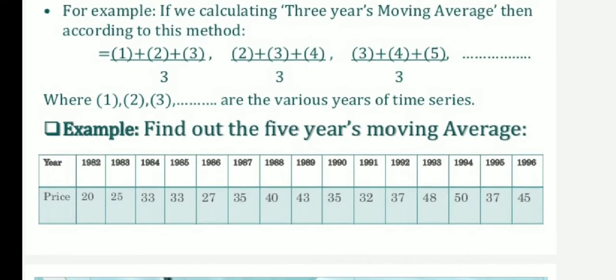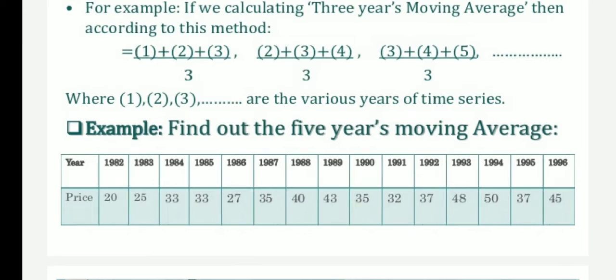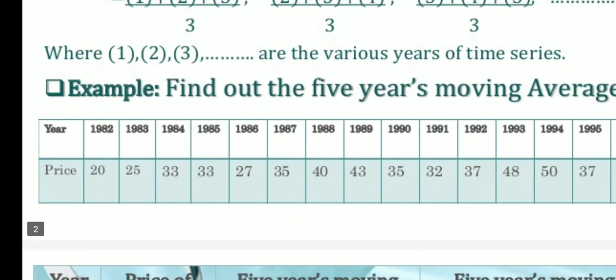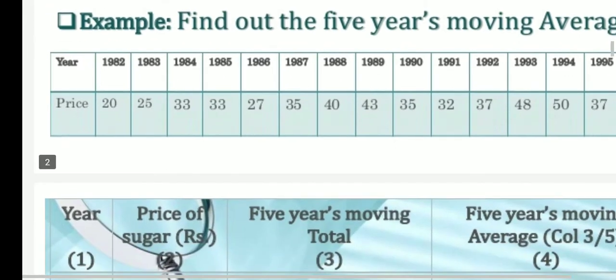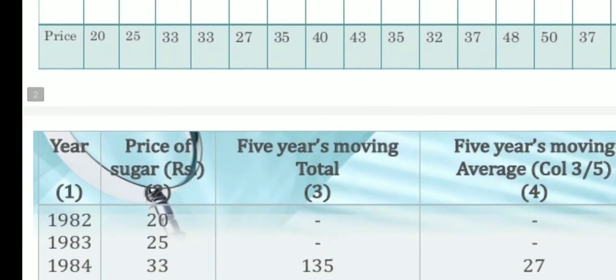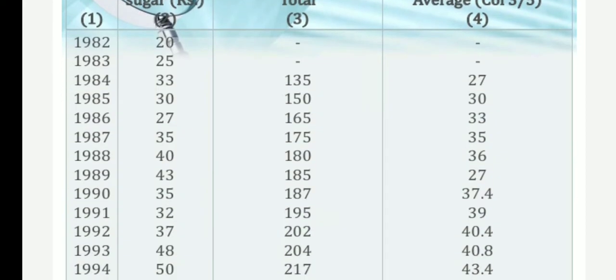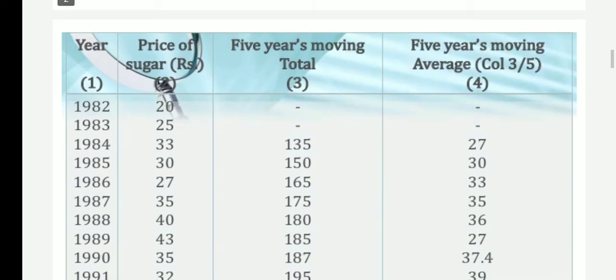The example is here. The years run from 1980 to 96. The prices are 20, 25, 30, 33, 33, 27, 35, 40, 43, 35, 32, 37, 48, 50, 57. The first column is the year, 82, 83, etc., up to 96, and the second column is the price of sugar.